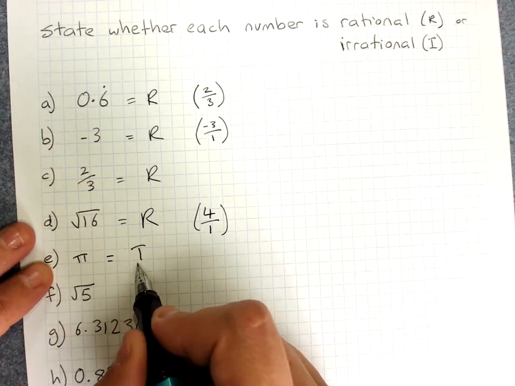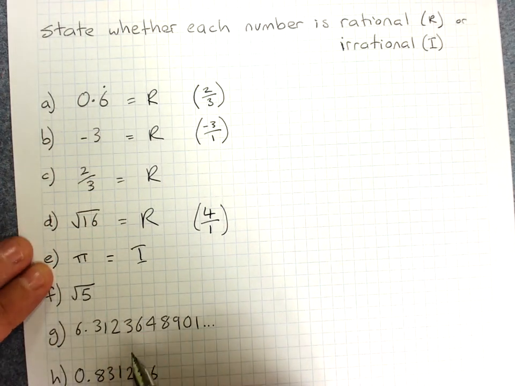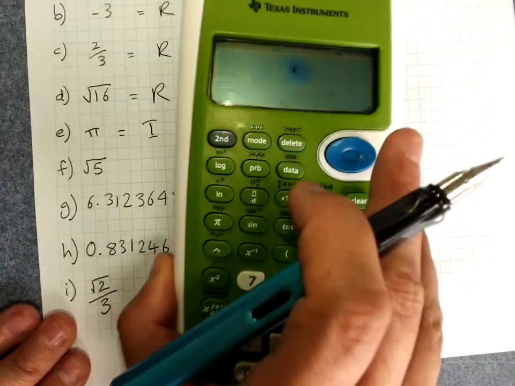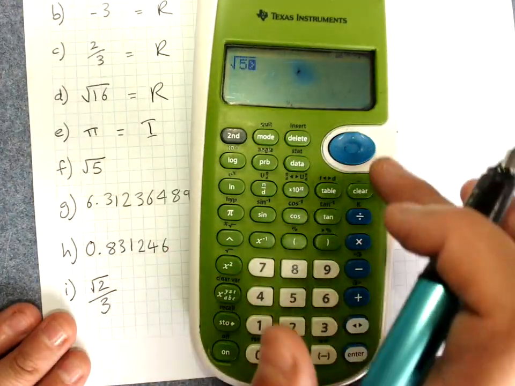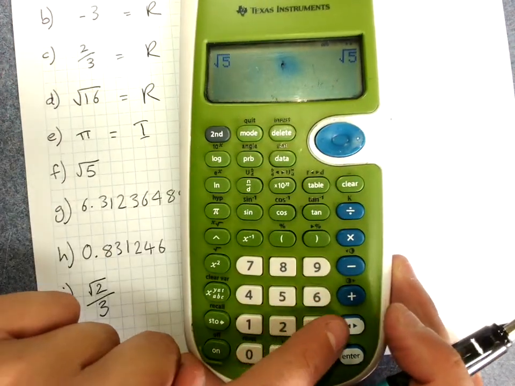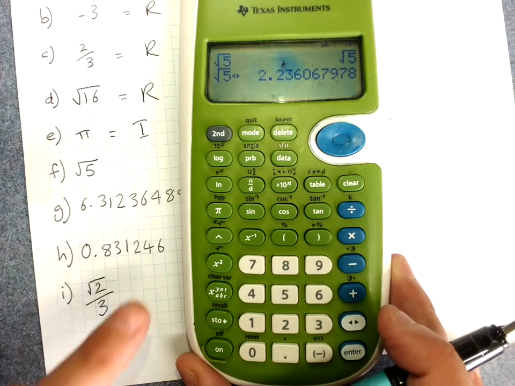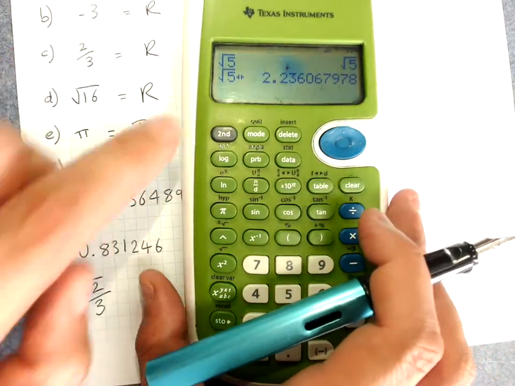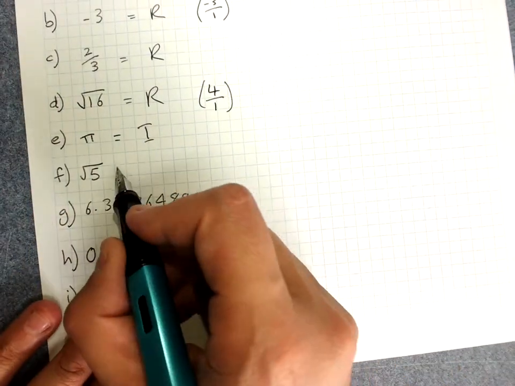Pi we recognize, we know that's irrational because we know it keeps going forever. Square root of 5. If you're not sure on the square roots, evaluate it. Remember to push the button that says please give me a decimal answer. If it fills up your calculator screen and you don't have a recurring pattern and it's a square root, you're pretty sure this is irrational.